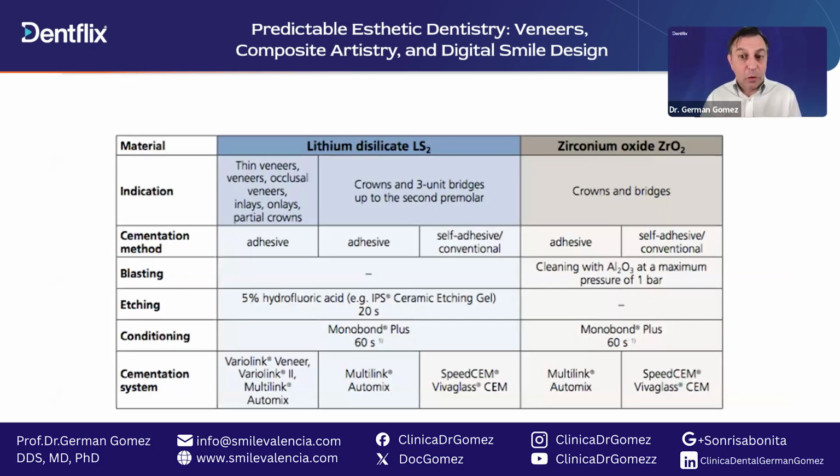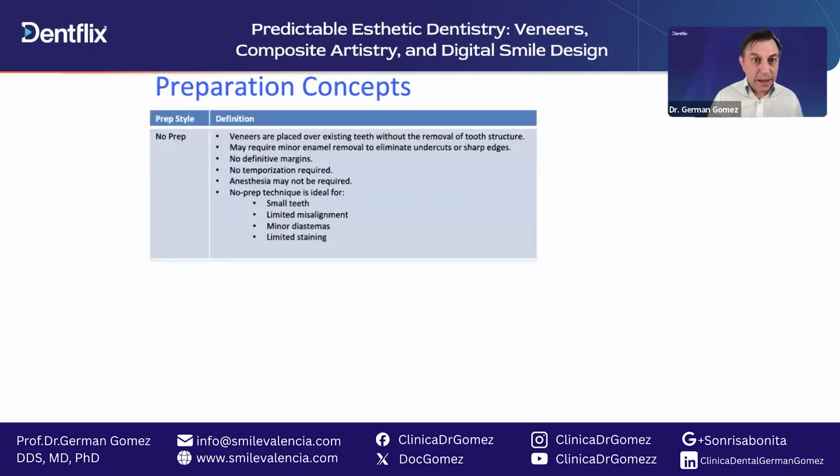But if we use zirconium oxide veneers, because zirconium oxide is not a glass phase ceramic, it is a metal, an acid would do nothing to the zirconium. So we have to air blast this zirconium oxide first, and then use a different kind of silane, which is a GDP. Good.